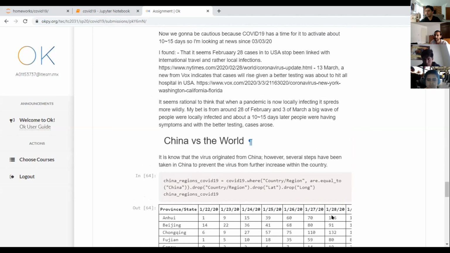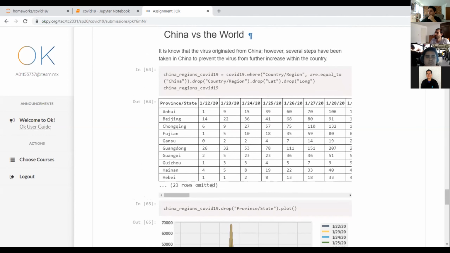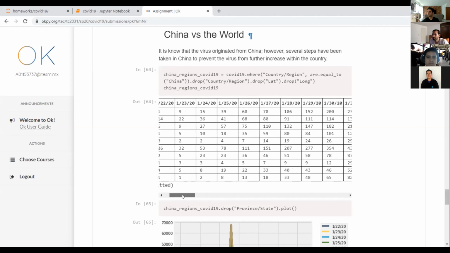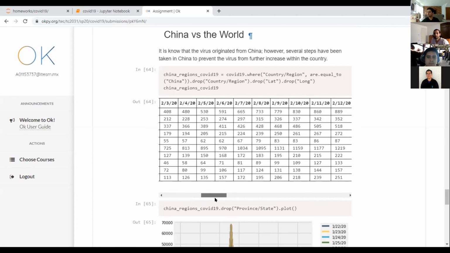Okay, thank you. So basically what I wanted to see is how it was in China, because it originated from there. I tried to see how it was growing in the different states that China had. And now that we know that the last COVID patient was released from the hospital, I wanted to see if by any chance it had decreased.